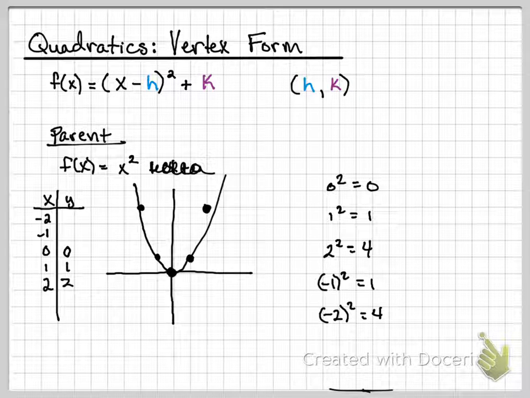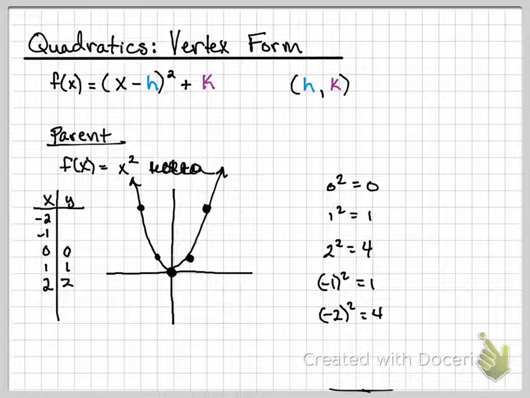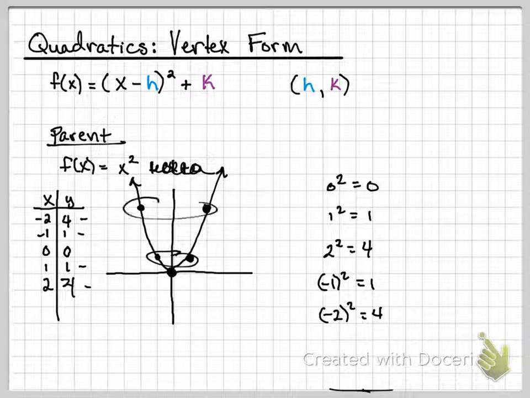So every quadratic graph is going to go in this manner, with this kind of shape to it. And do you notice our numbers repeat themselves? These numbers are the same as these numbers, because these points are symmetrical to one another.